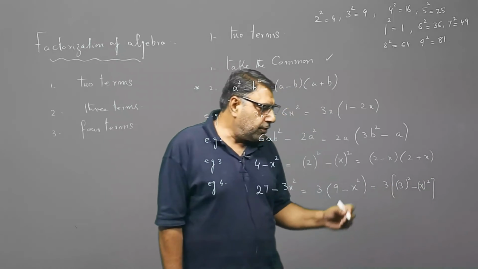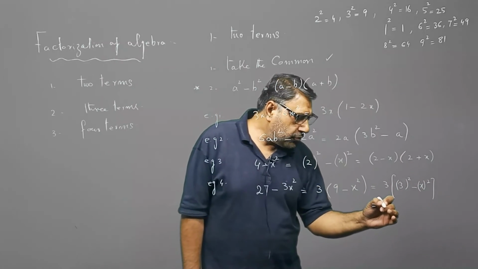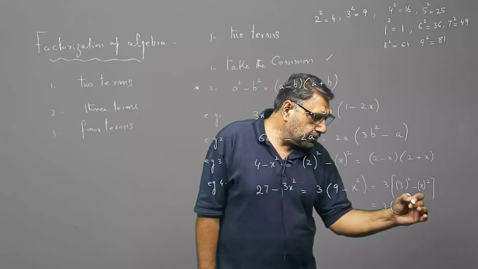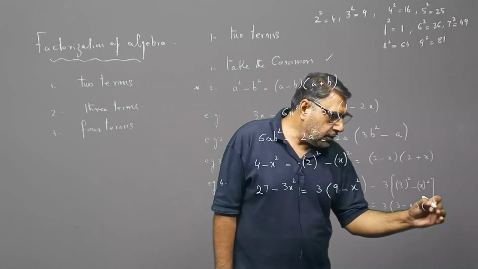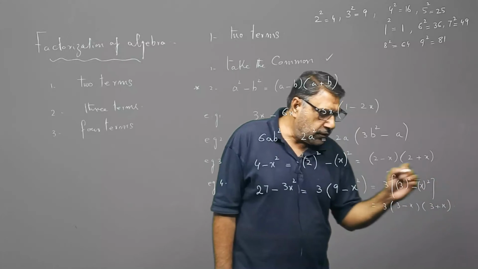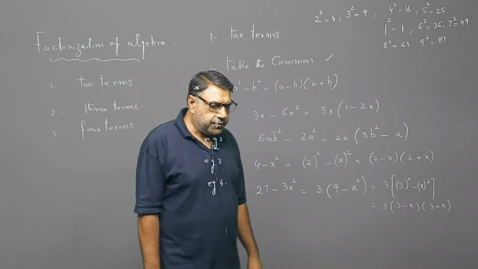Apply the identity and you will get 3 minus x and then 3 plus x. That will be your final answer.